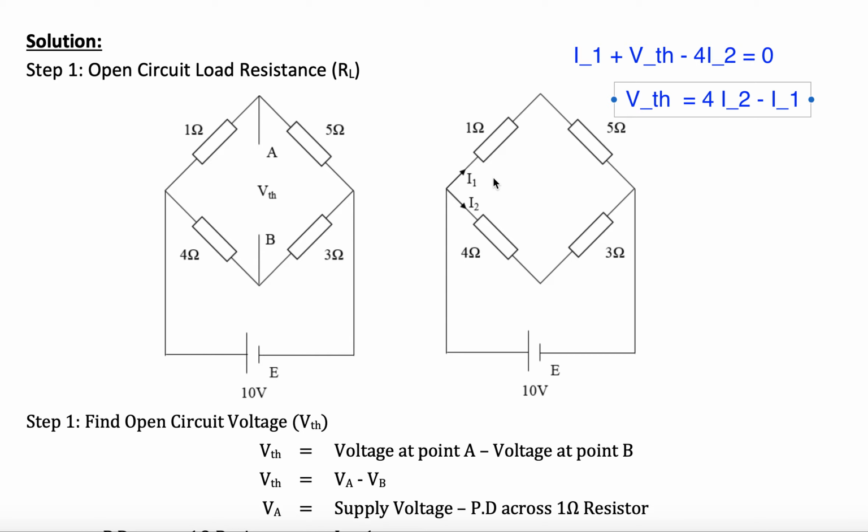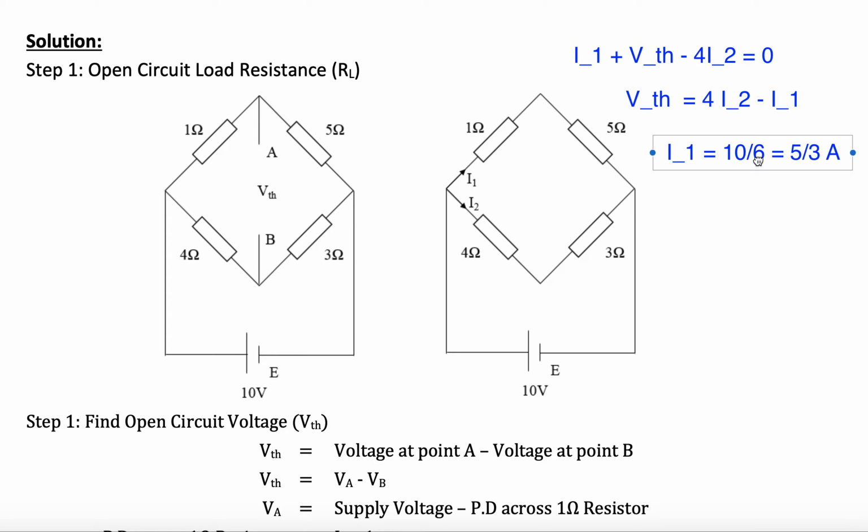What is I2? What is I1? I1 is 10 by 6. Okay, let me write I1, I2. 10 by 6 is 5 by 3, keep it as 5 by 3, your wish.